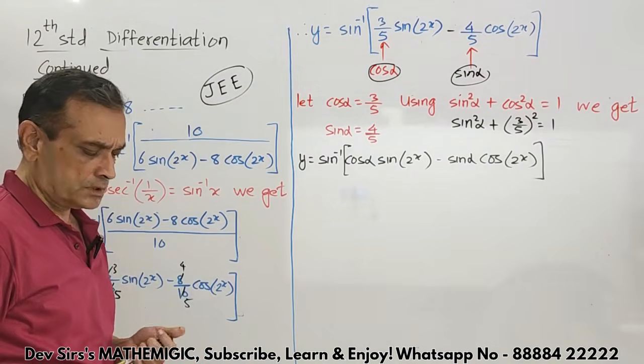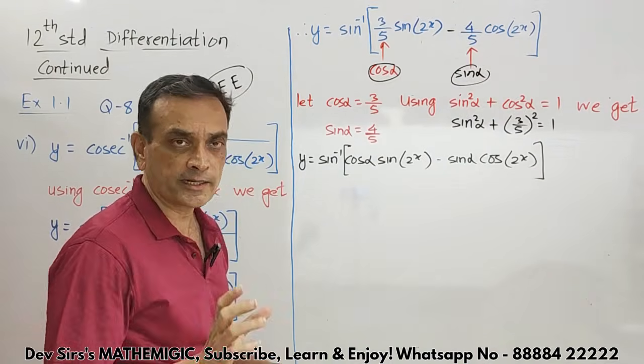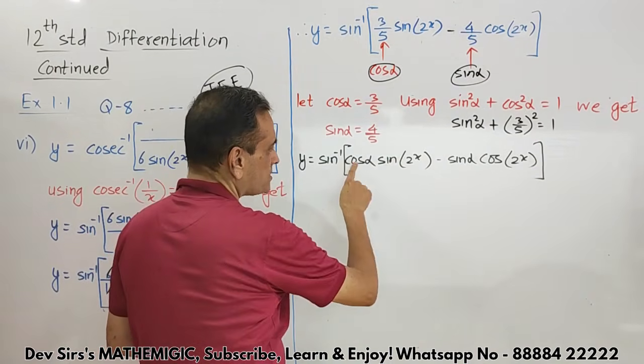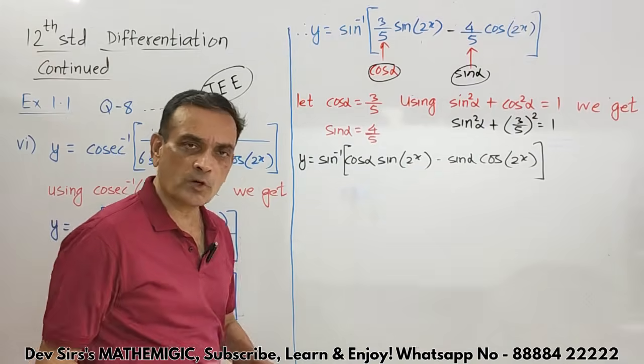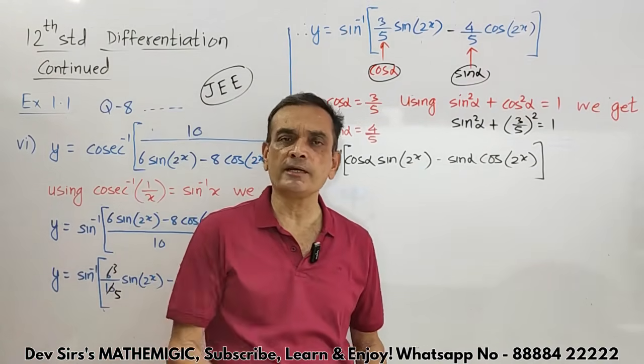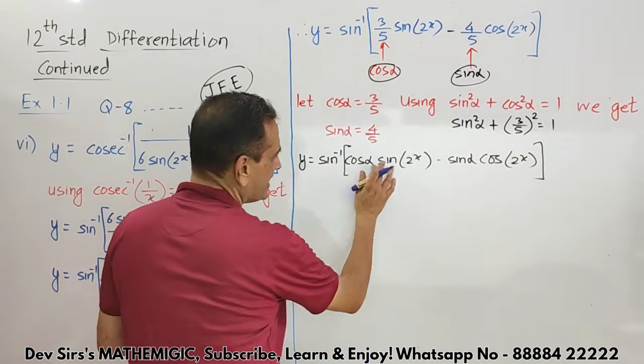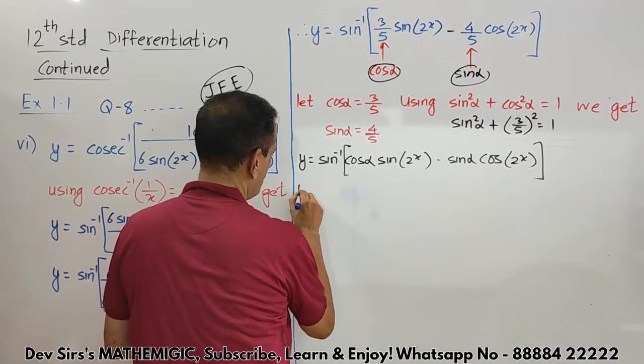Now the important thing is sometimes you have to rearrange this so as to get the form sin a cos b minus cos a sin b. You have to rearrange a little so that we can use one 11th standard formula present in all such problems. Rearrange how? Get sin first here itself.